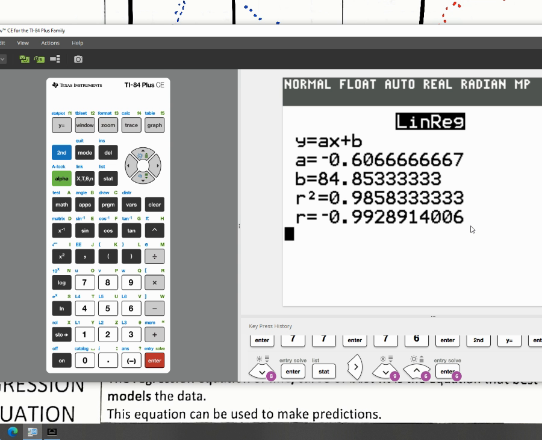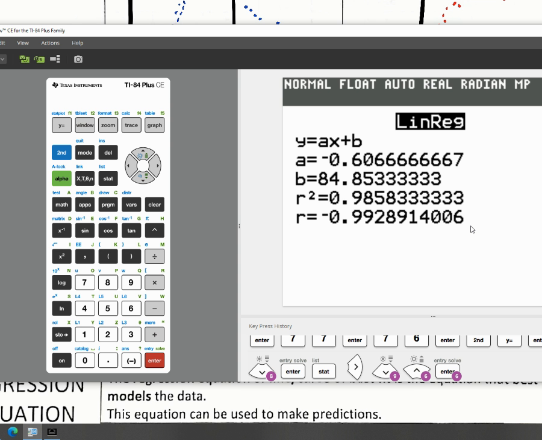All that means is, how well does this data correlate to a line? That's what R tells me. If I was running a cubic regression, R would tell me how well this data matches a cubic function. We want our R value to be really close to +1 or really close to -1. +1 or -1 is perfect correlation.